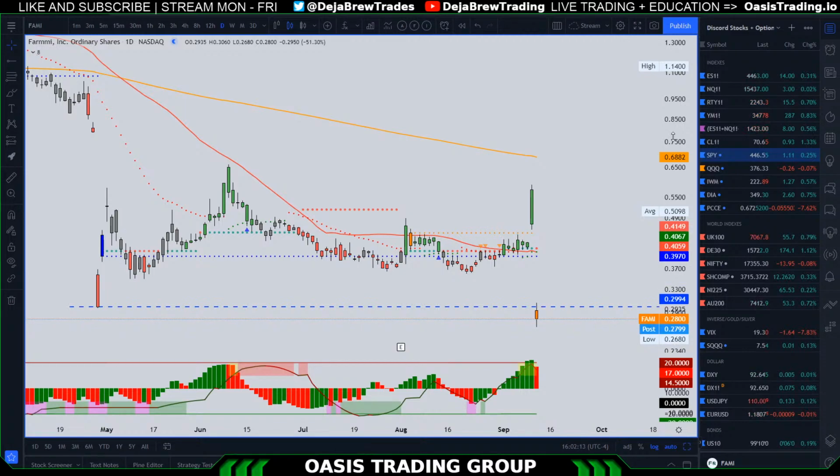And then October is kind of choppy. October is kind of hit or miss. The start of October is usually pretty bullish. The middle to the end of October, from the 15th to the 25th, is pretty bad. But then the last week of October going into November is very bullish. And then November is the best month of the year.